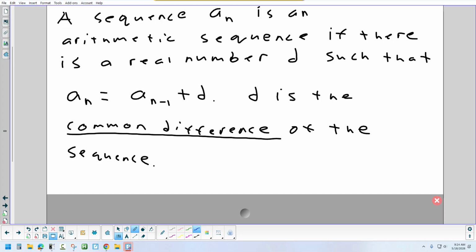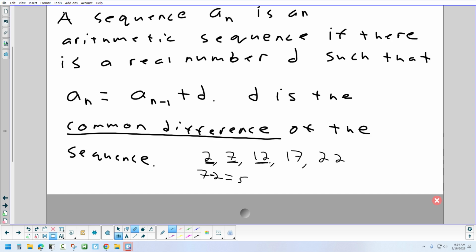look at this pattern. Say I have 2, and I'm going to add 5 each time. So if I add 5 once, I get 7. If I add it again, I get 12. If I add it again, I get 17, 22, and so on. The way that you figure out what you added each time in an arithmetic sequence is you take a term and you subtract the one that comes before it. 7 minus 2 gives me 5.